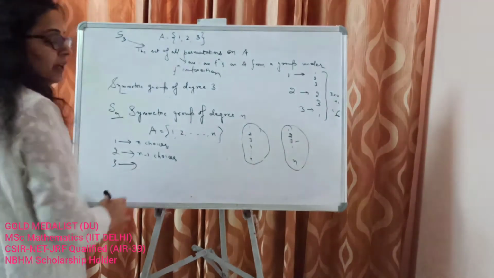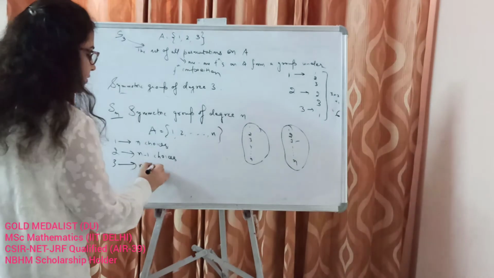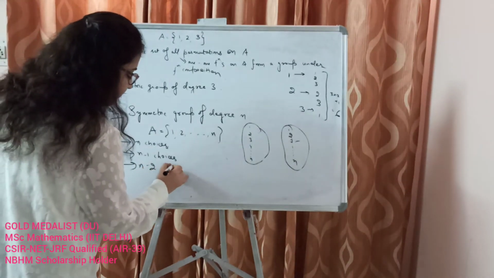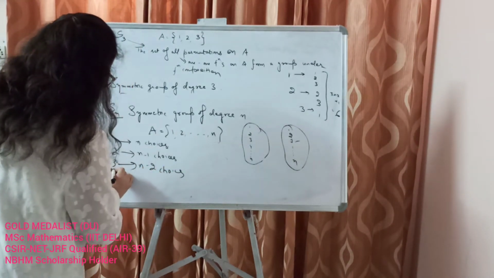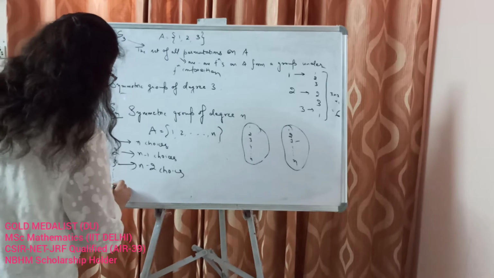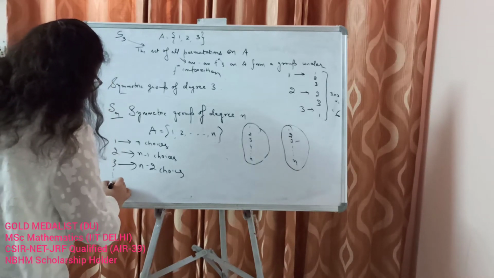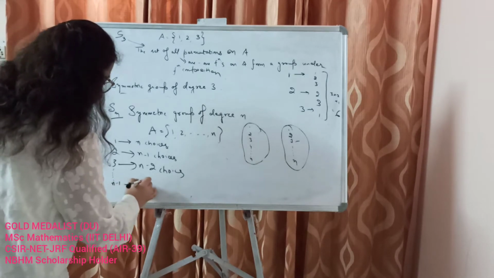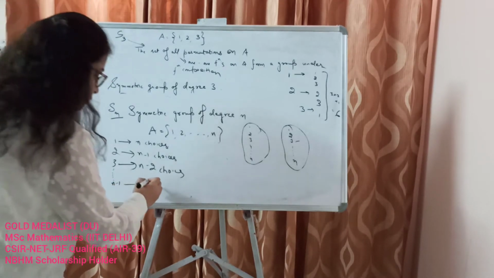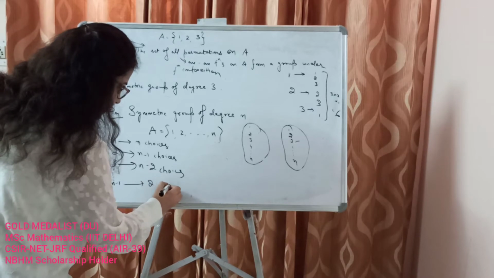3 will have how many choices? N minus 2 choices. Similarly, moving ahead, n minus 1 will have how many choices? 2 choices left.